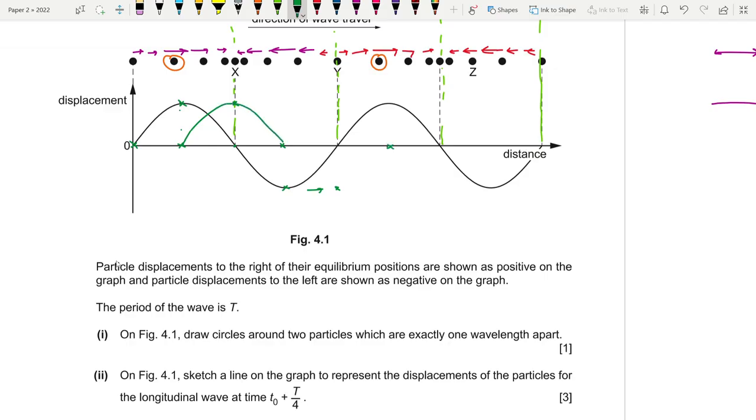Wait, let me draw all the points, it will be easier. Yep, here you go. Wait.